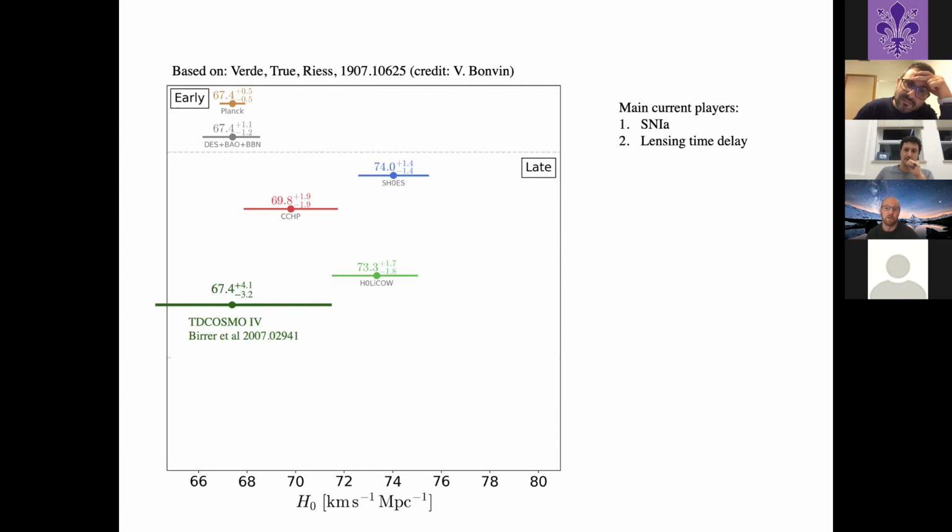And so, Simon, what I'm getting at is going forward, if you end up finding a result that draws scrutiny, let's just say for argument's sake you end up with 73 again, and it doesn't agree with the early universe. And let's say you were the only measurement of the late universe. You might say, oh, it doesn't agree, this is evidence of some physics between the late universe and early universe.